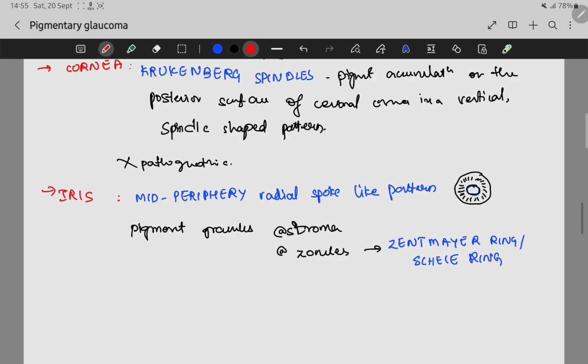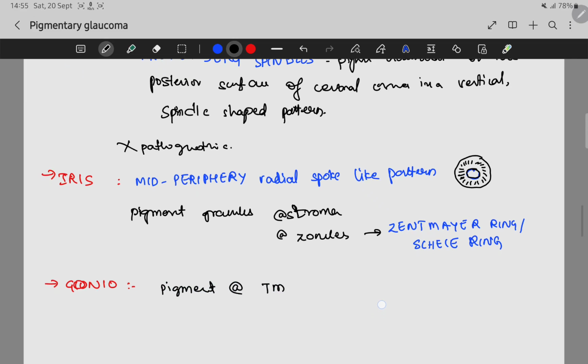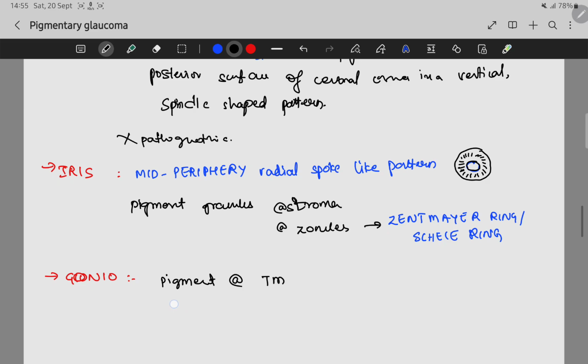Coming to gonioscopy. So there is dense homogeneous band of dark brown pigment around the circumference of the trabecular meshwork, and there are more iris processes which are inserting anterior to the scleral spur.